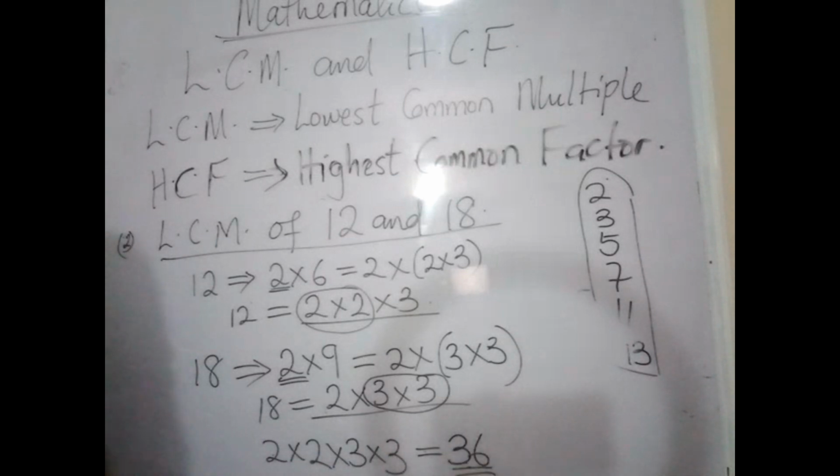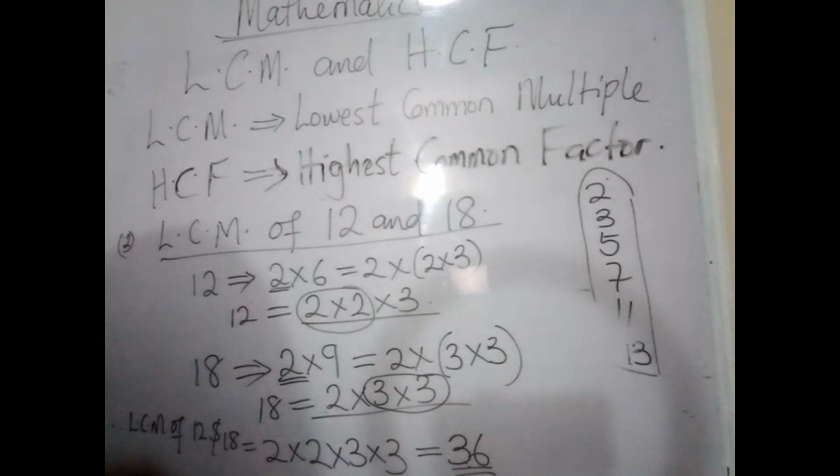That's what we have here, 36. Therefore, LCM of 12 and 18 equal to 36. I hope it's clear. This is prime factorization method.